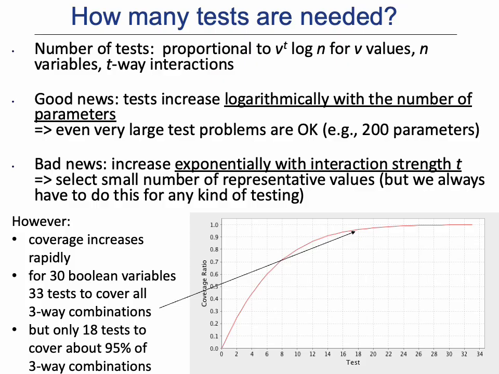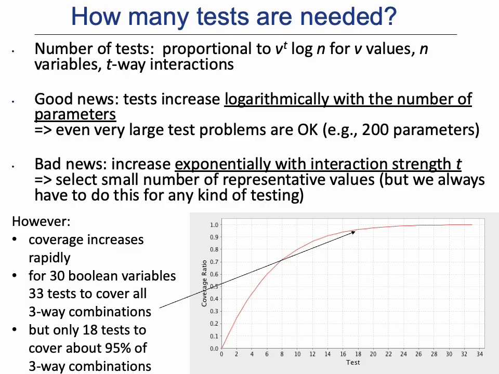So this is just one example, but that's the way it tends to shake out in general. So we can still cover a very high proportion of the total number of t-way combinations with a much smaller number of tests than required for the full t-way coverage.